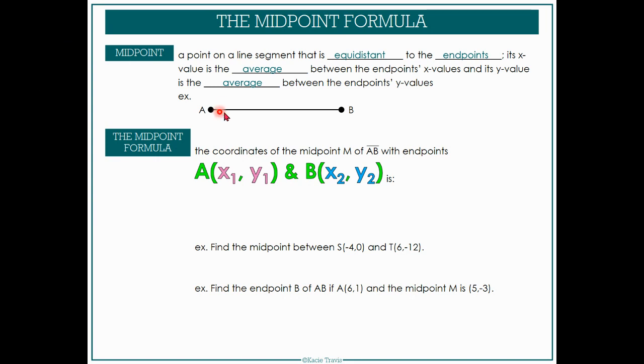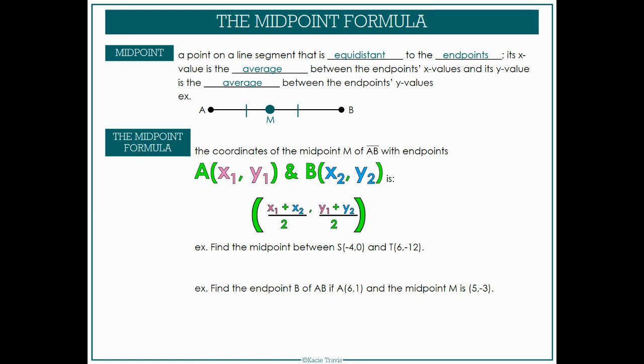So if we add a segment here like AB, our midpoint M would cut this line here directly in half, where this side AM is equal to this side MB. Okay. Now, what is the actual formula? The formula for this is x1 plus x2 divided by 2 and y1 plus y2 divided by 2.